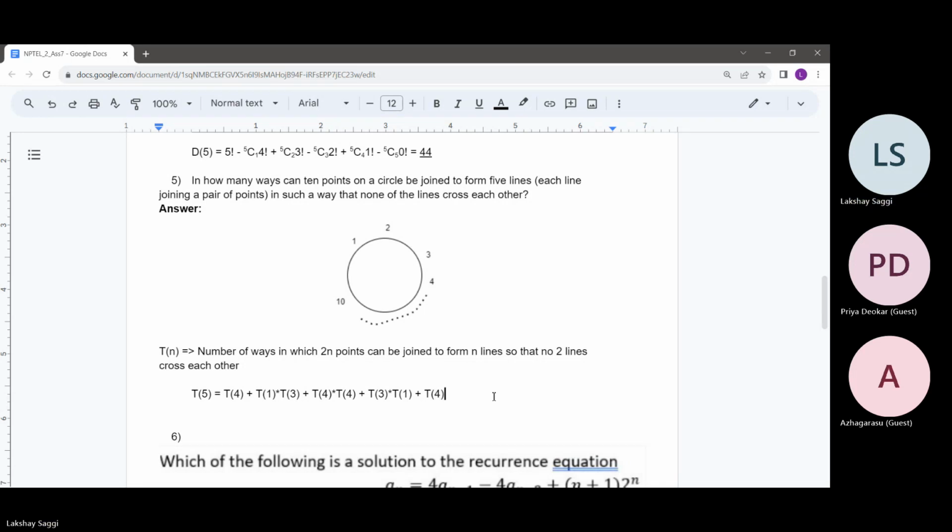And maybe if we define t0 to be 1, we can write this t of 4 as t of 0 times t of 4.